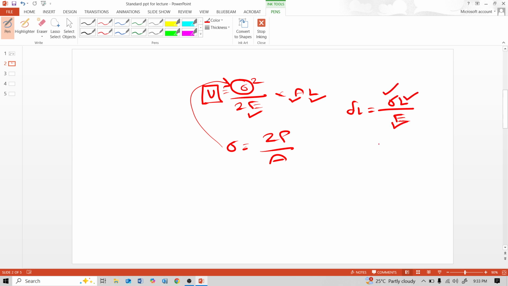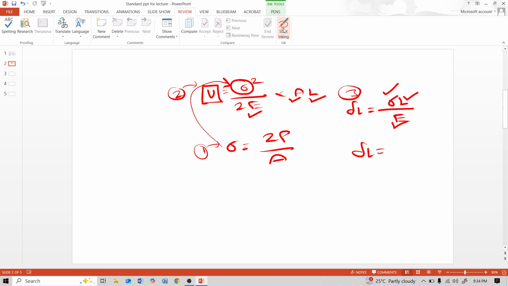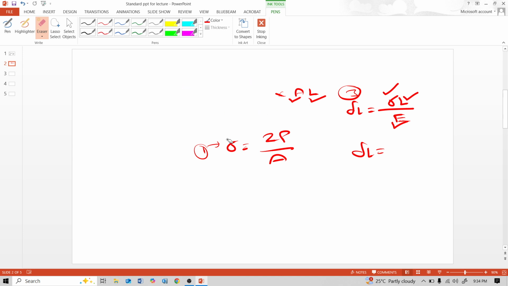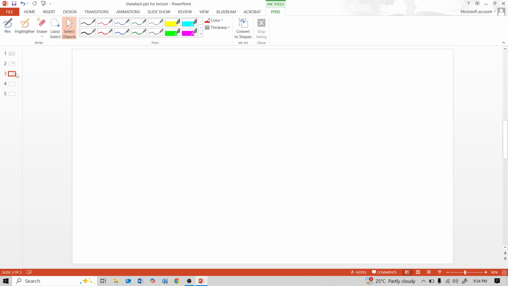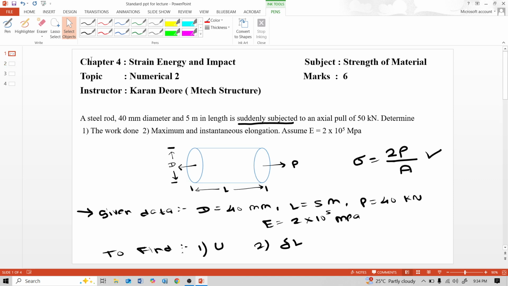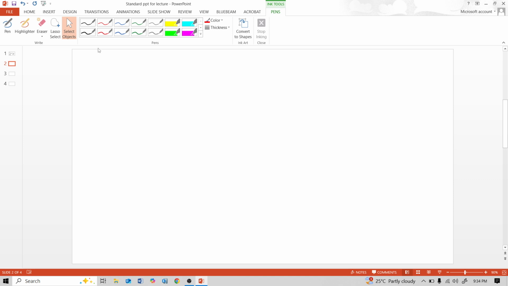We have stress, length and modulus of elasticity, so simply we find delta L. So the solving methodology is: first we find the instantaneous stress or suddenly applied stress.